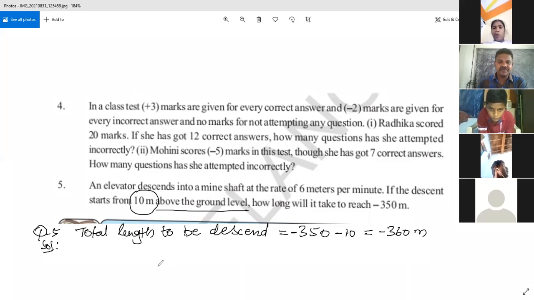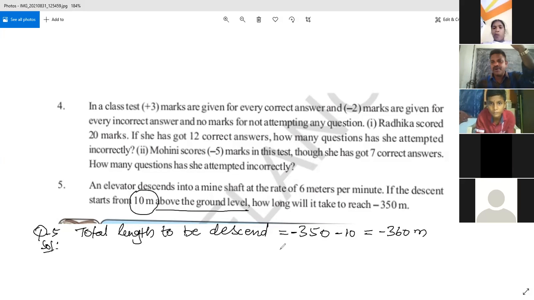Next, the total length to be descent. How much? Minus 360 meters. Why do we represent 360 by negative? It is already 350 meters in the low level, below ground level.